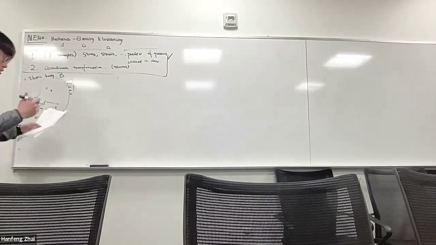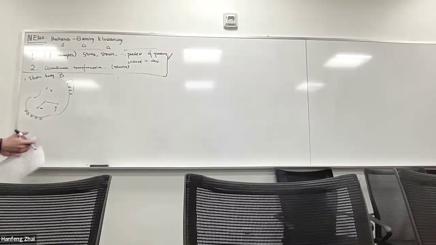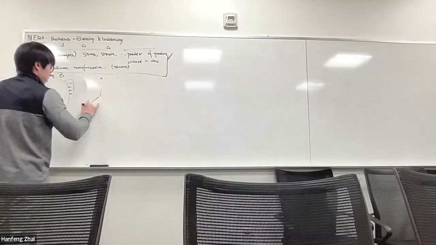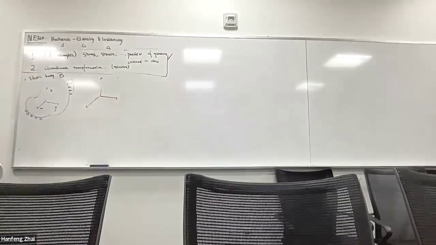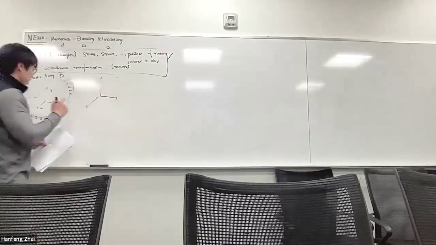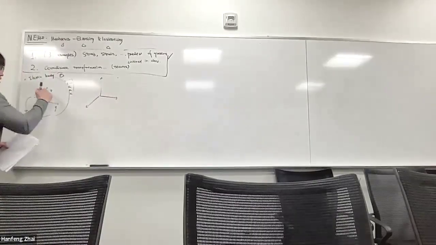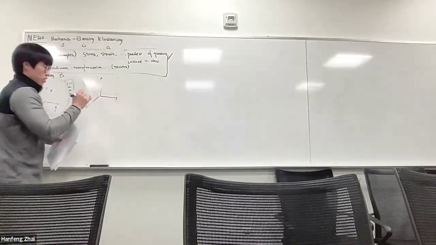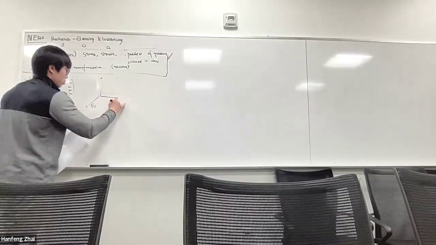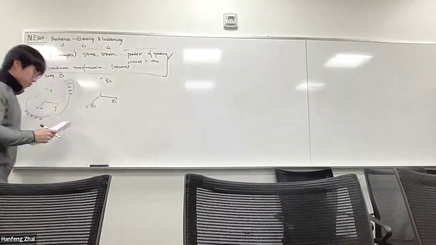After you apply any loading to this elastic body, you will generate deformation and a displacement. And this displacement can be characterized as a displacement vector. So using this established coordinate system, you have three basis vectors. For the X, Y, and Z axes, we call the basis vectors E1, E2, and E3.